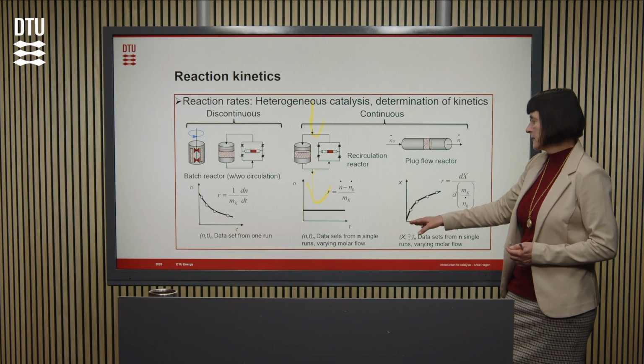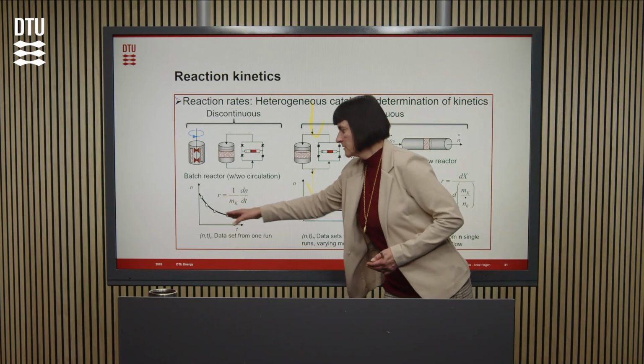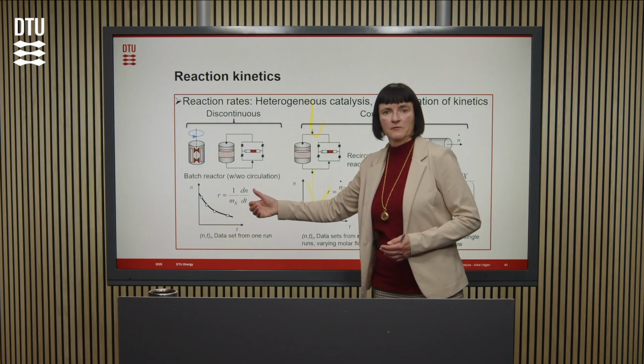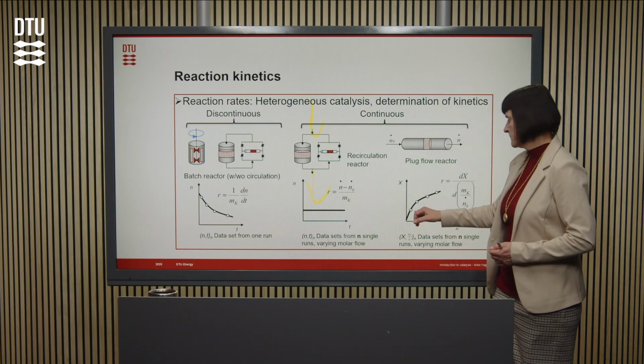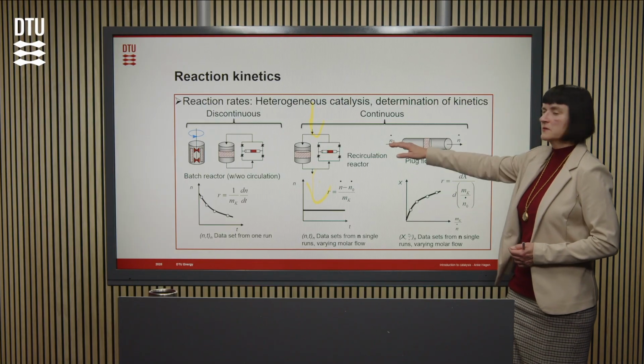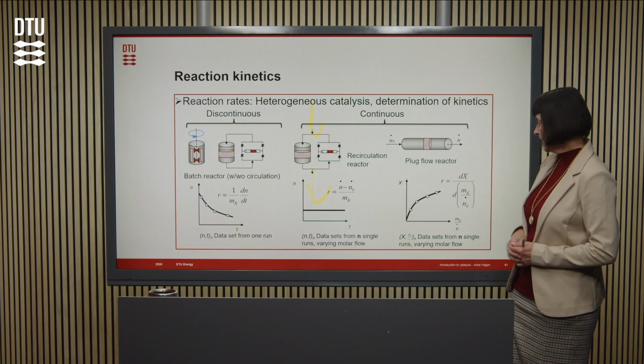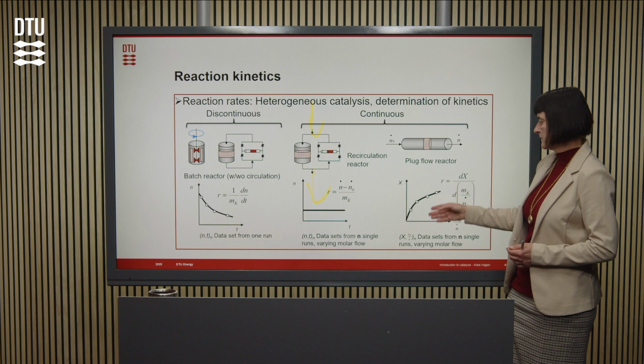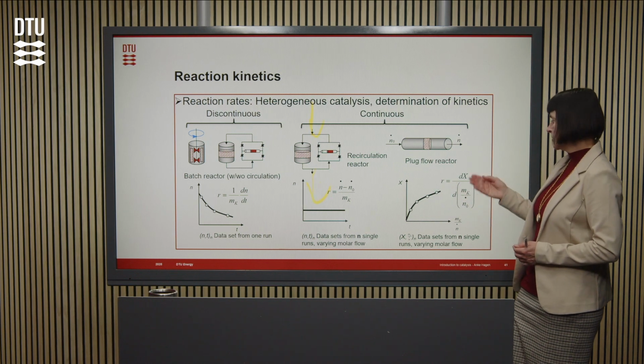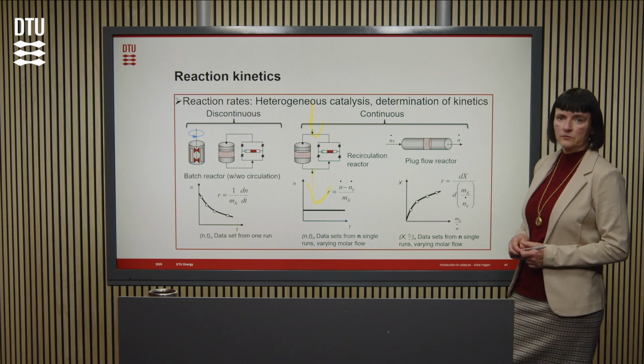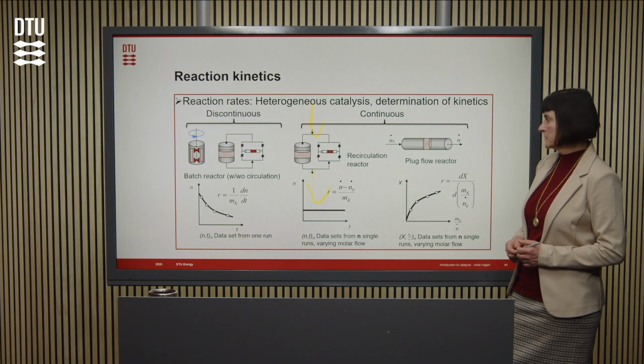And in that way, you can obtain a similar correlation, which you have in one experiment by following time. Here you need to adjust the flow rates for each point. And then this is plotted for the formation of the product. And then you can also establish the well-known reaction rate equation.